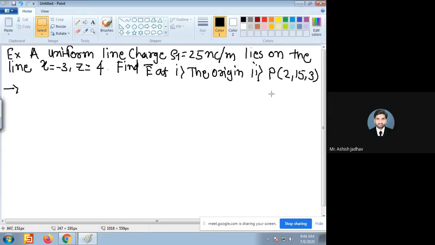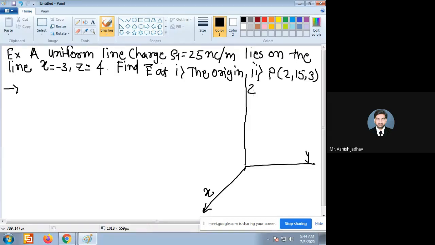In that, first is to draw a neat diagram, right? So this is z axis, y, x-axis, right? So the point is given where this uniform line charge passes through. The point is x equal to -3 and z is equal to 4.